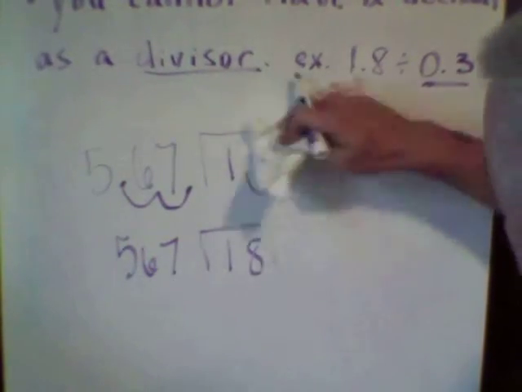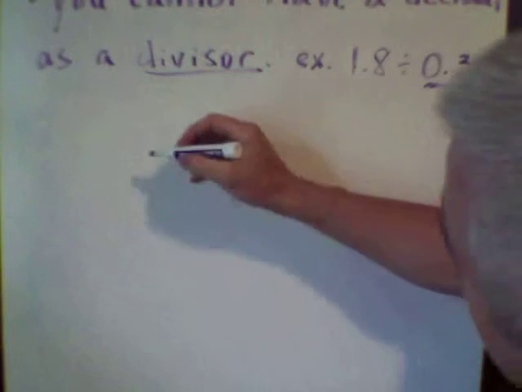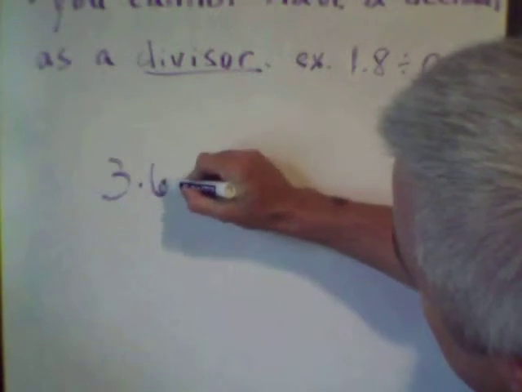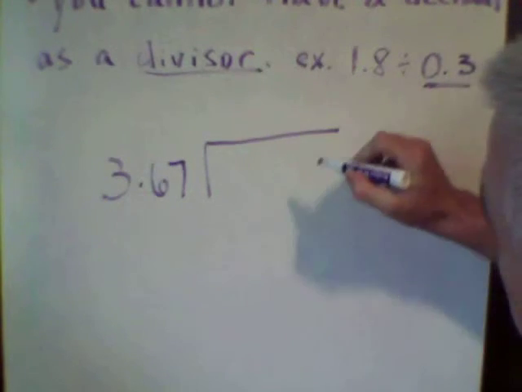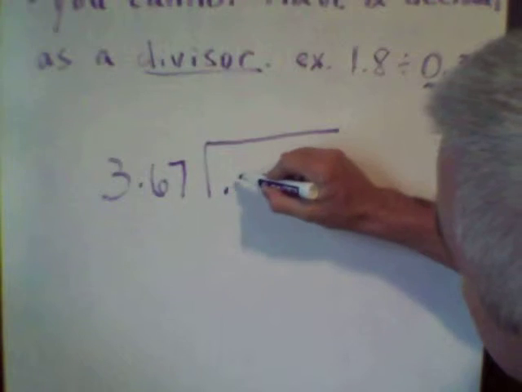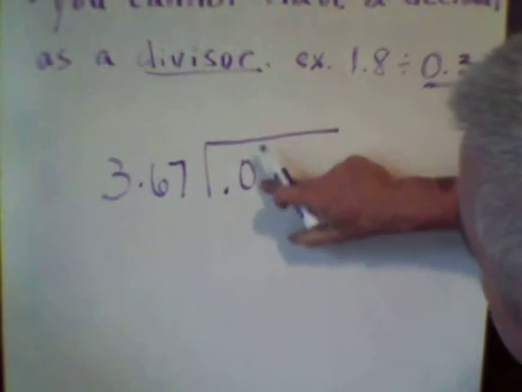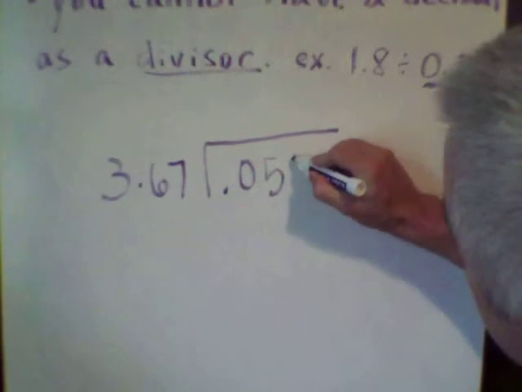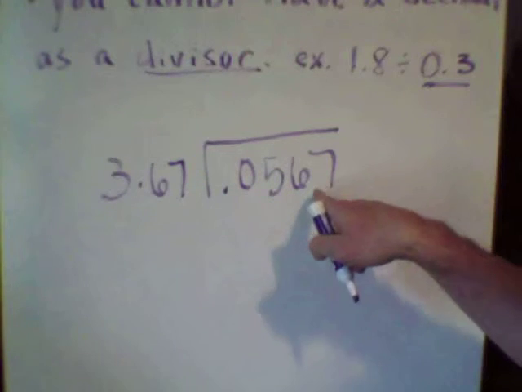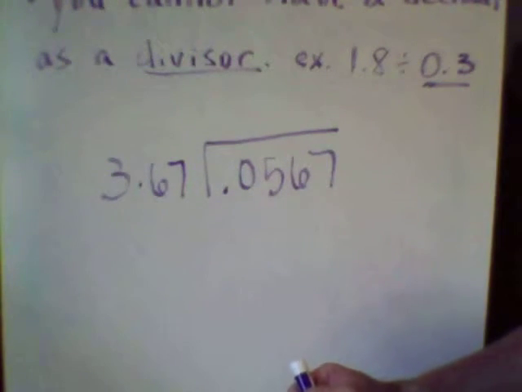What about this? Let's say 5, 6, 7. So I want to say 567 thousandths divided by 3 67/100ths.